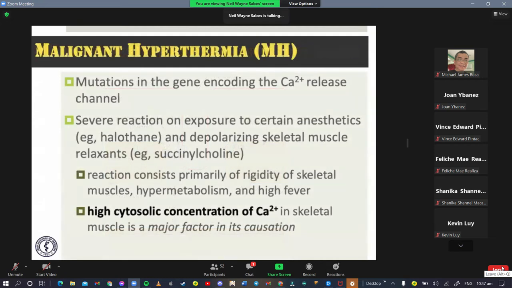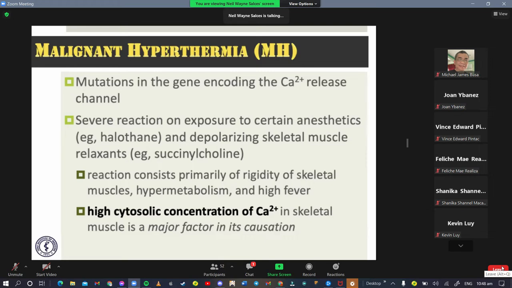So now let's move on to malignant hyperthermia. Basically, your malignant hyperthermia results from a mutation in the gene that encodes the calcium release channel. This severe reaction happens on exposure to certain anesthetics like your halothane, as well as your depolarizing skeletal muscle relaxants, with succinylcholine serving as the example.